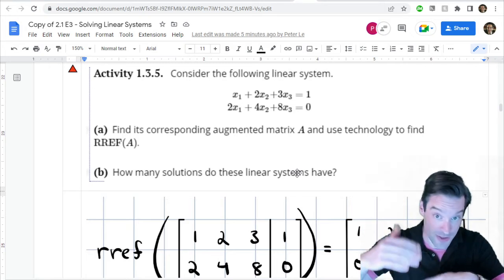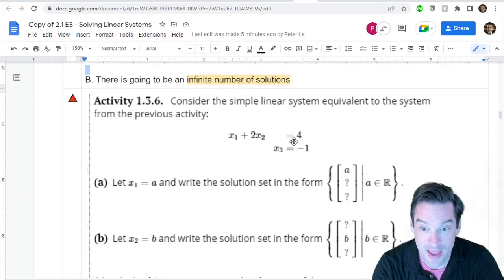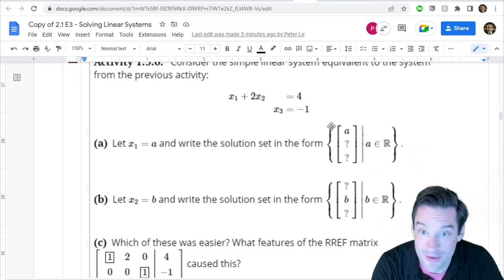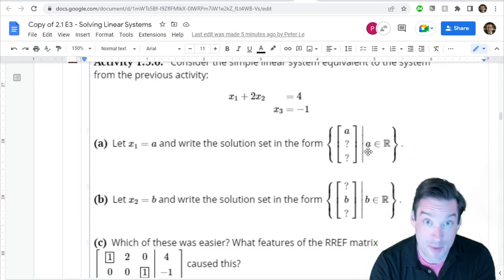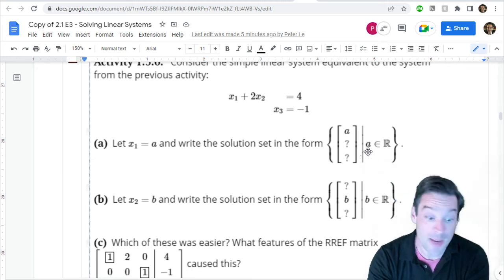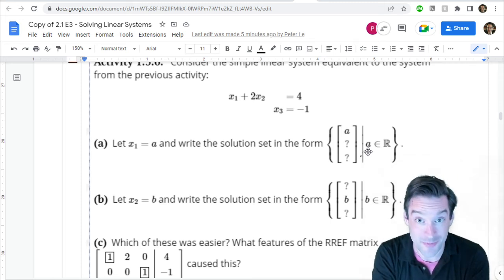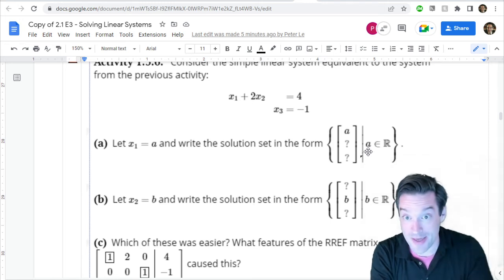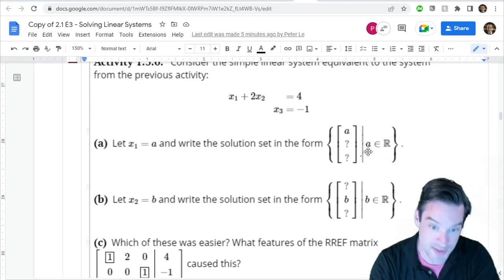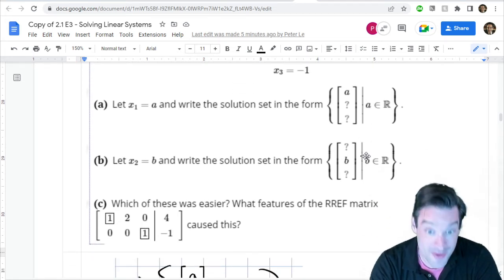There aren't enough equations to give all three variables a unique value. And it turns out that that is a correct response, because I know there's infinitely many solutions anytime I have a free parameter. Because as soon as I have a free parameter, I have infinitely many different real numbers that I could choose for that real parameter, right? And that means that I have infinitely many solutions as part of my solution set. So how could we have known that there is a free parameter available to us in this?